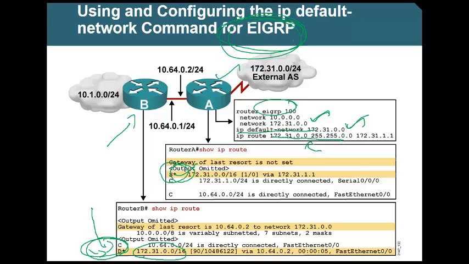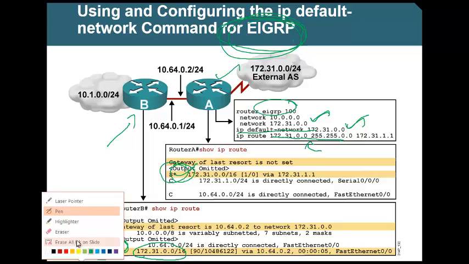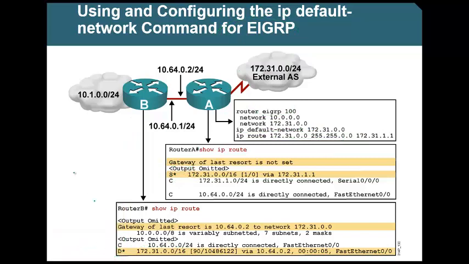So now, what is the advantage of the default route? If any destination RB wants to go to, it will send to RA. RA will send it to the ISP. Simple. If you go and ping some network, 88.88.1.1, there is no route for 88, but RB knows that this is the default network where I need to forward this.